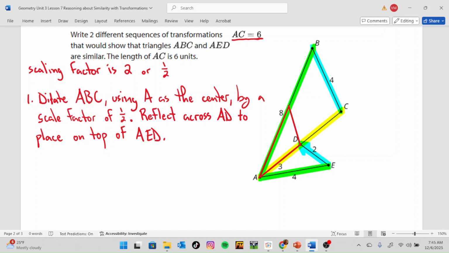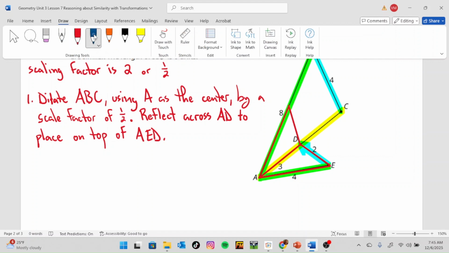So we're just going to reflect it down, and now I end up right on top of AED. So this is one method. Now let's do a different one.